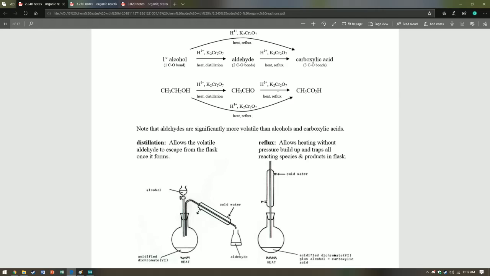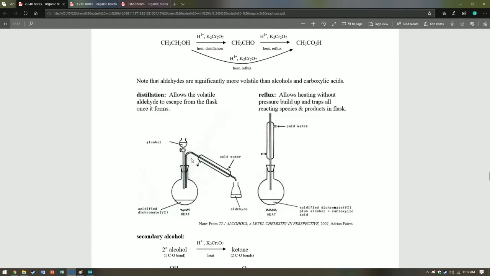That means the aldehydes have lower boiling points. So if we heat the reaction mixture just to the aldehyde's boiling point, all the aldehyde will boil off as the reaction proceeds, and then you can use a condenser to collect it.